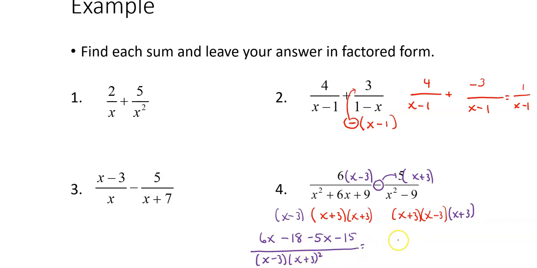So 6x minus 5x is x. Negative 18 minus 15 is negative 33. And there's my answer. And there's clearly nothing I can simplify. Right off the screen, look at that.